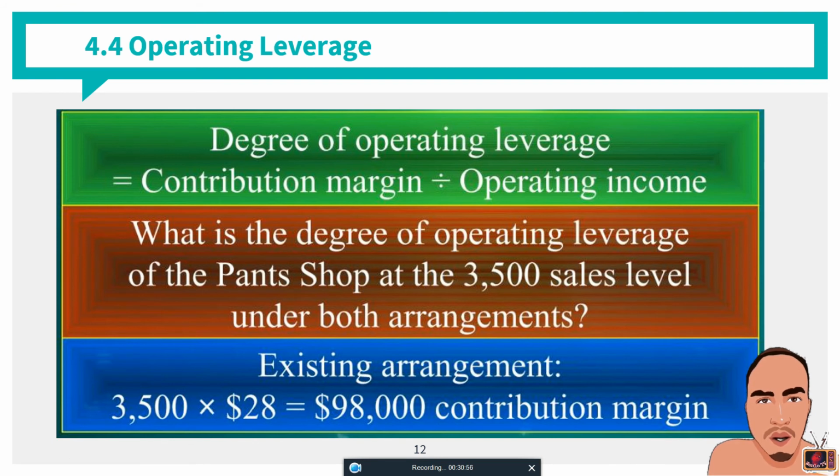We said that the existing arrangement, since we have targeted already a $14,000 target profit, is 3,500 times $28, which is the CM. So it would equal 98,000 contribution margin.